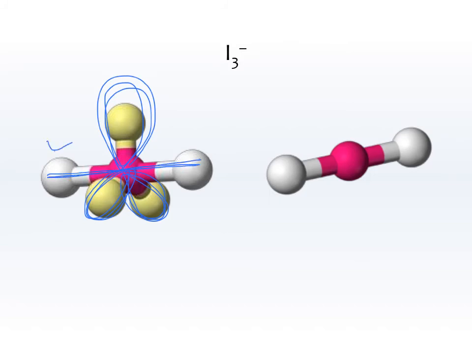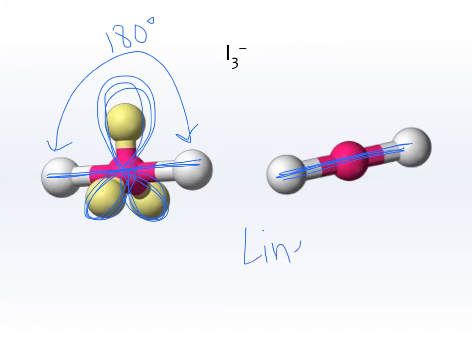So the angle of the other 2 is 180 degrees, just like it looks. And this is another example of linear. So we've seen 3 examples of linear so far. One with 2 atoms total, 3 atoms, 2 bonding pairs, no lone pairs. And here's another 3 atoms, 2 bonding pairs, 3 lone pairs. All of them are plain linear.